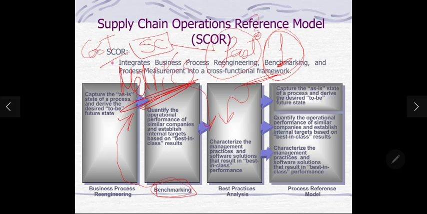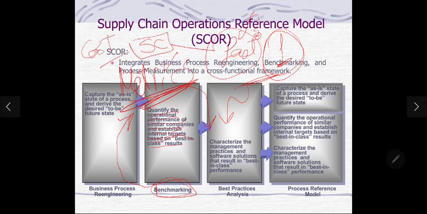So it's quantifying the operational performance of similar companies and establishing internal targets based on best in class. So if I want to compete to be the best in fast delivery, I need to compare myself to the best, the company that is doing the same business, my same business, and be better than them.